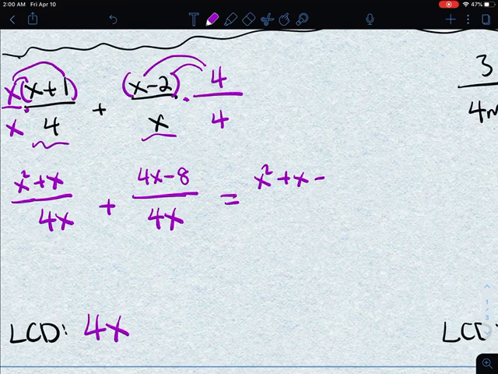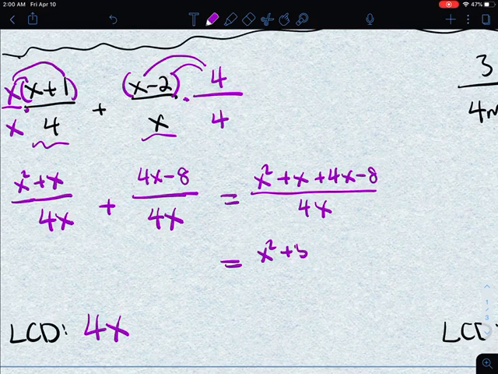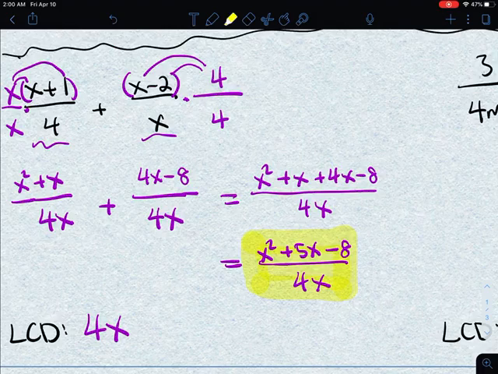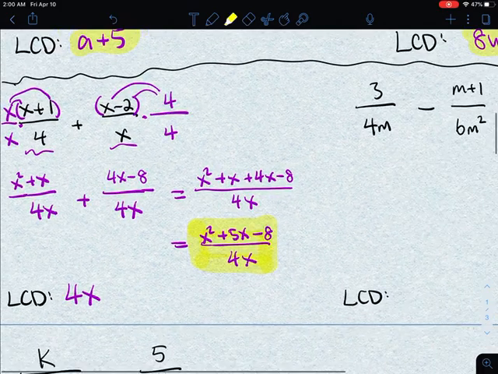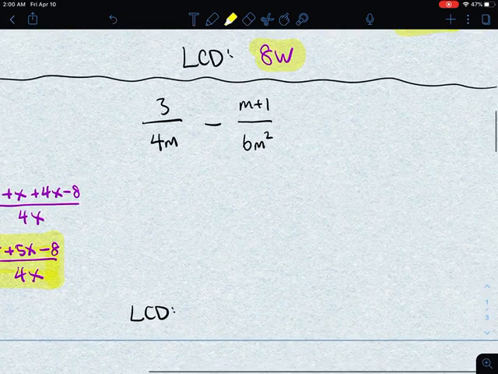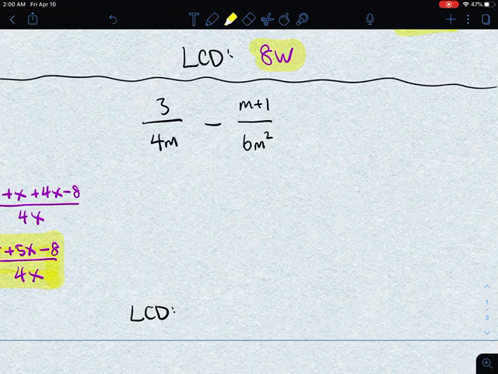Since we're adding, we can just put everything under one denominator, over 4x. Then combine like terms: x squared plus 5x minus 8, all over 4x. Once again, once you end up with one fraction and it's simplified, that's how you know we're ready to go.